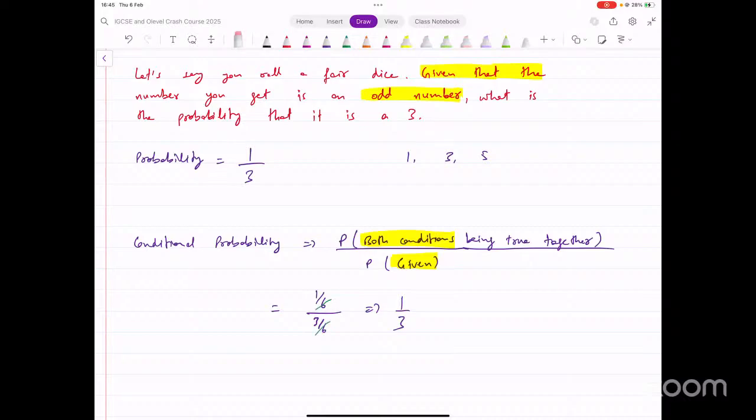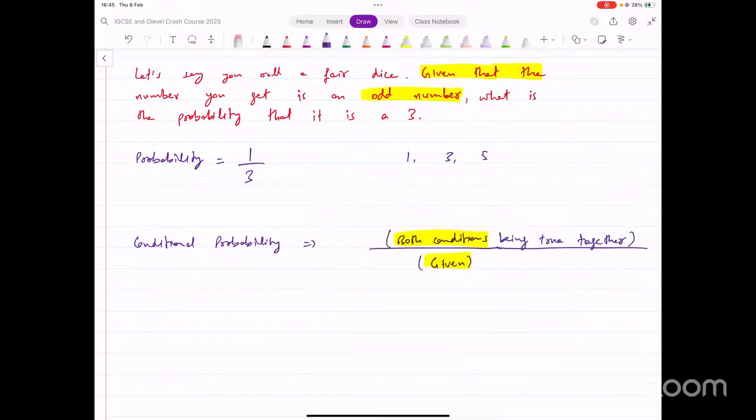Now, for the question that you would get, it's going to be simpler than this. You can just count the number of possibilities and put that number in the numerator, the number satisfying both conditions. Let me make it simpler for you.